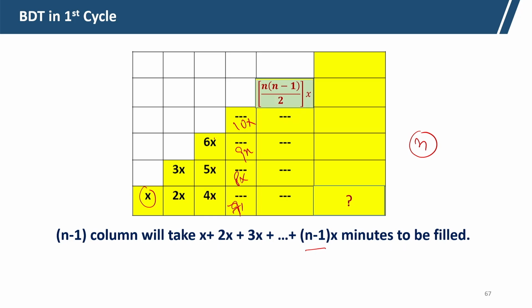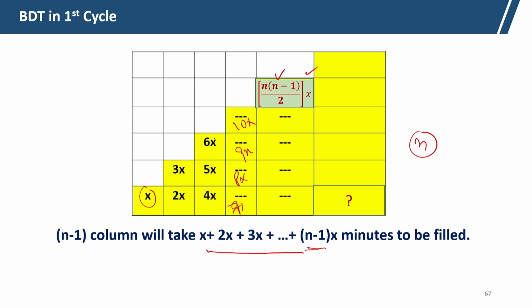So, this is actually the n minus 1th column. If we add all these things, we will get n into n minus 1 by 2. It is an arithmetic progression, so just simply add 1, 2, 3, 4, up to n minus 1. So we get n into n minus 1 by 2 multiplied by x, if we take x common.